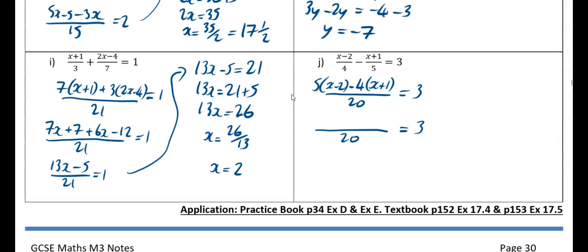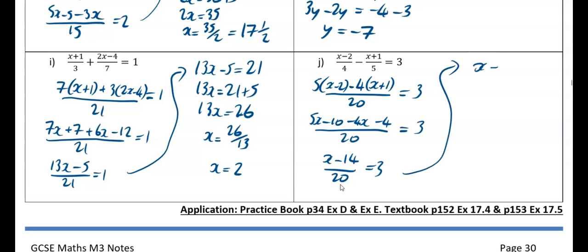5 times the x minus 2 is going to be 5x minus 10 minus 4x minus 4, and then tidy up, top line is going to be x minus 14, bottom line is 20, is equal to 3. So, a wee bit easier actually this one, there's only 2 things happening. You're taking away 14, and the last thing you're doing is dividing by 20, so the last thing you do is the first thing you reverse.